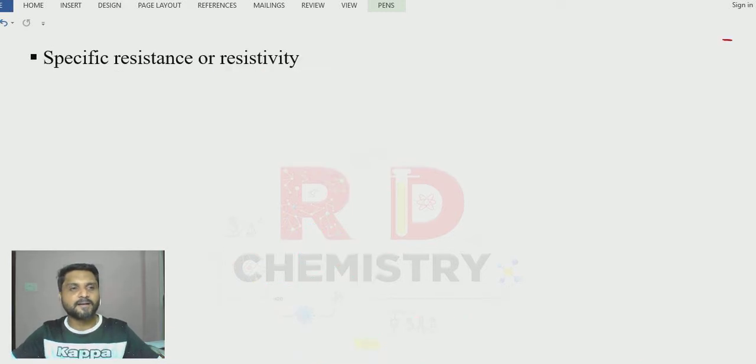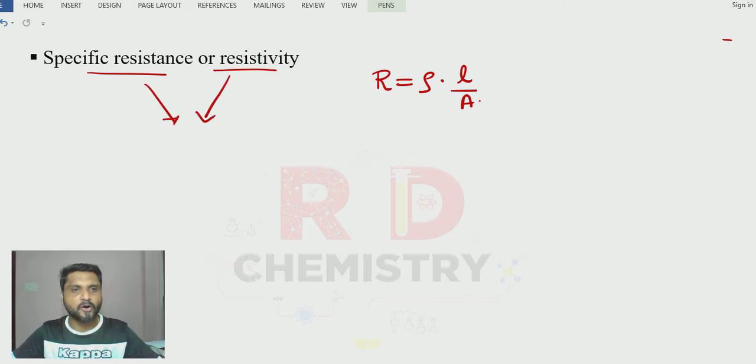Now let us see the details of the specific resistance or resistivity. You know that the resistance R is equal to resistivity into L divided by A, correct? This rho is known as the resistivity or specific resistance, R is the resistance. So we'll find out the unit for this. I can write rho is equal to R into A divided by L, correct?